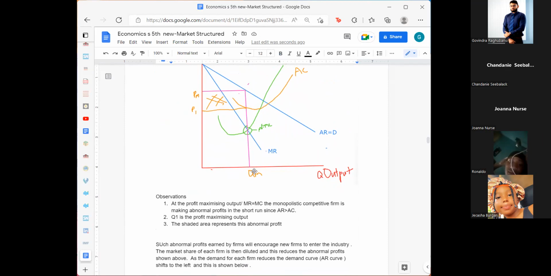Remind me in the chat, what happens when persons make profit? What does it do to other firms? It entices other firms to want to join, meaning they want to go into the industry.